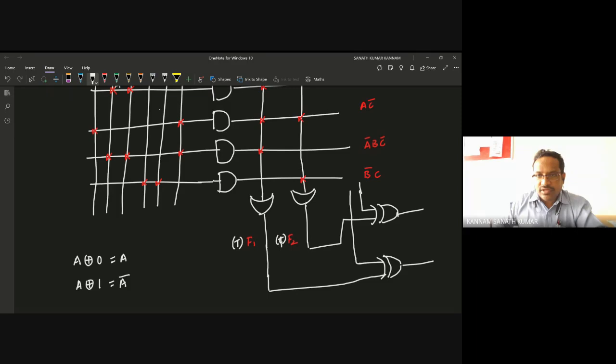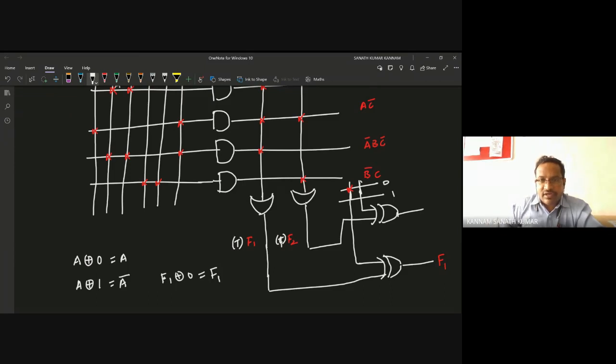This input is programmed to 0 or 1. This F1 is there, and F1 you are getting in true form. True form means you program it to 0. When you program it to 0, you get F1 exclusive OR 0, so you are getting F1 itself, the function itself.